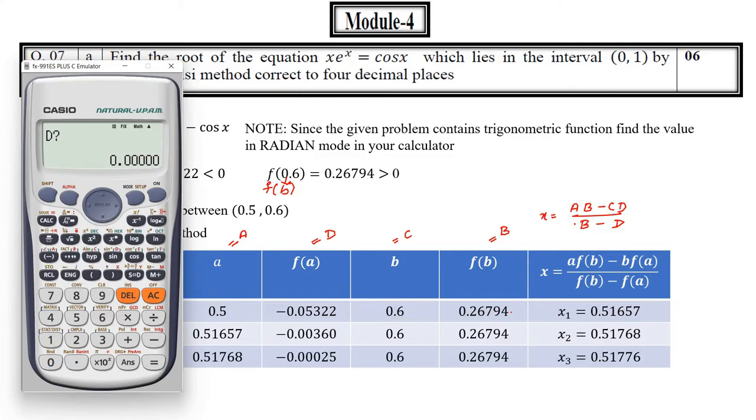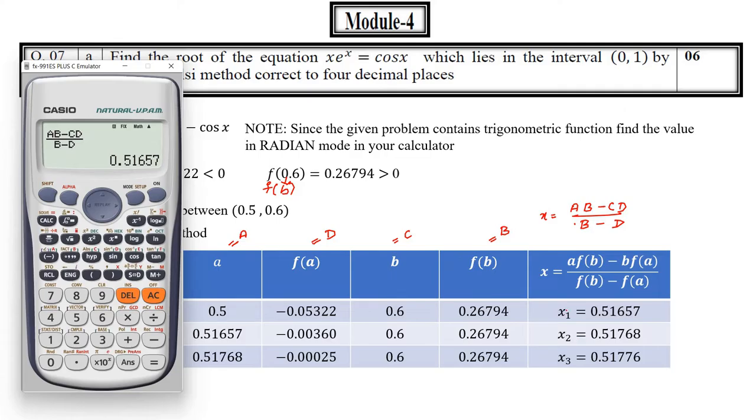Then the D value, minus 0.05322, and press equal to. So you got the value of x as 0.51657. But here I need to find f of x again.